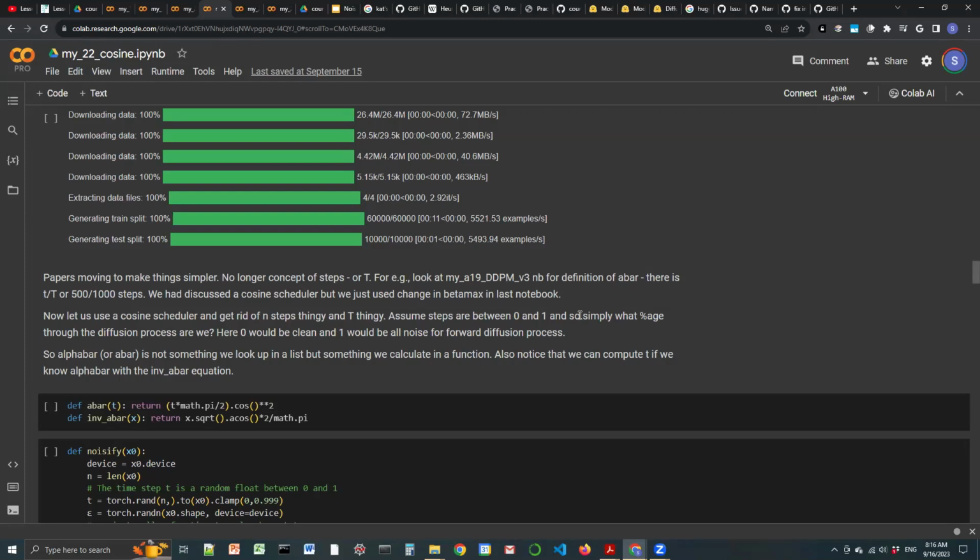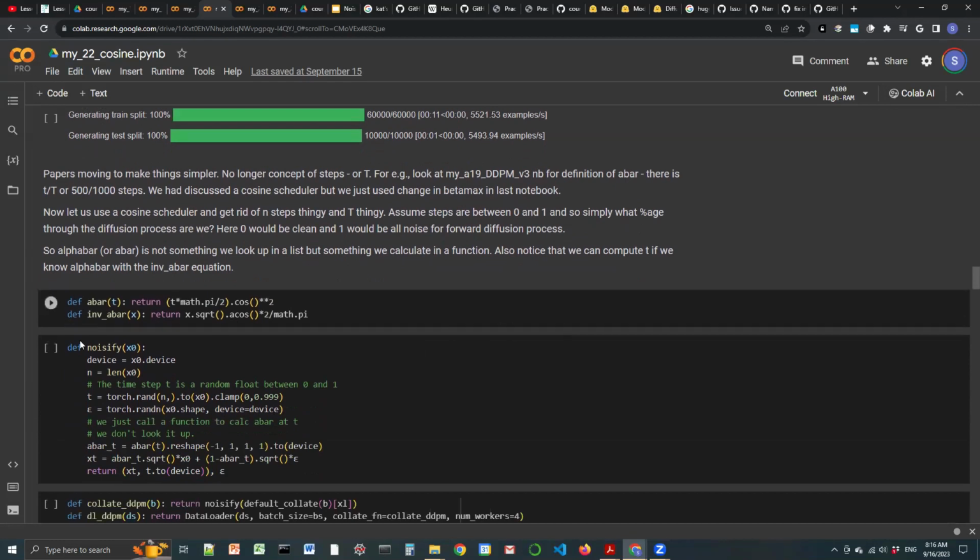That tells us what percentage of the diffusion process we have moved through. 0 would be a clean image, and 1 would be all noise for the forward diffusion process. When we think of it this way, alpha bar is not something you have to look up out of 1,000 steps. It's just a value you calculate, and because it's a value you calculate, you can inverse calculate it as well. And the noisify function remains the same.